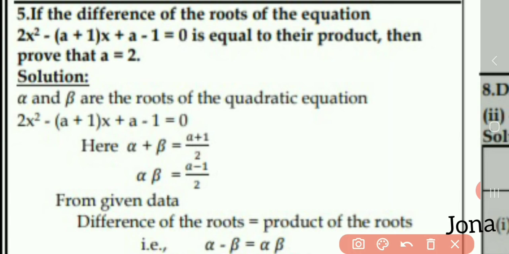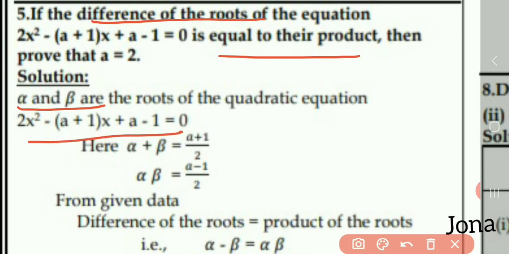Here, if the difference of the roots of the equation is equal to their product, that is the condition. Okay, so let me take alpha and beta as the roots of this quadratic equation.